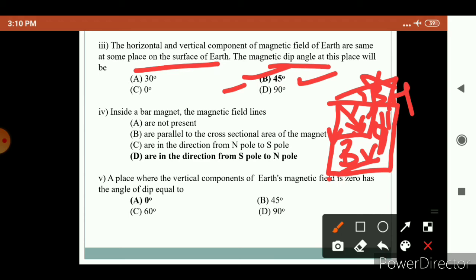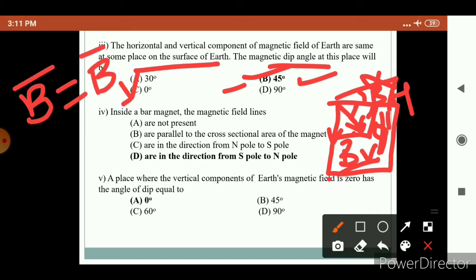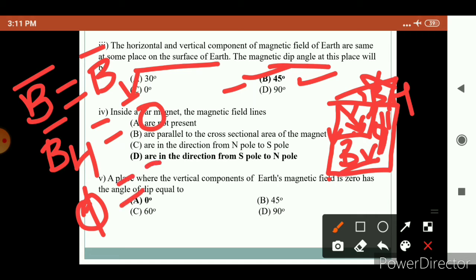At the magnetic north pole, B is equal to BV, this vertical magnetic field, and directed upward. At that time the horizontal component BH is equal to 0, and phi is equal to 90 degrees.